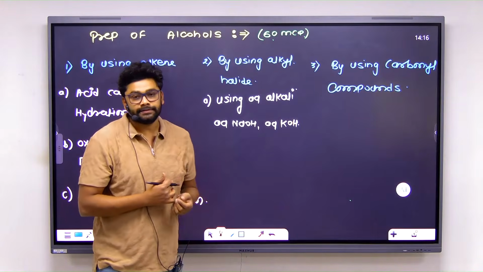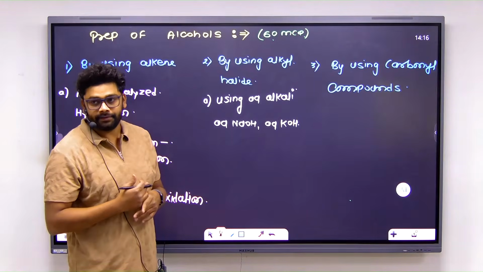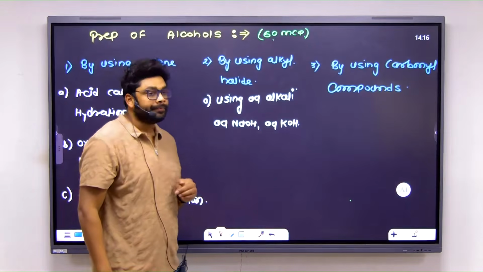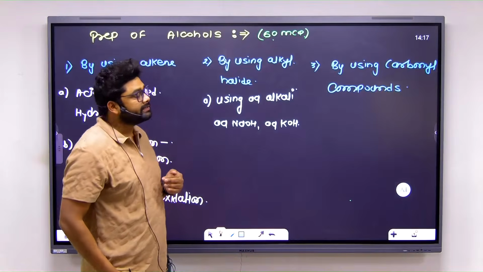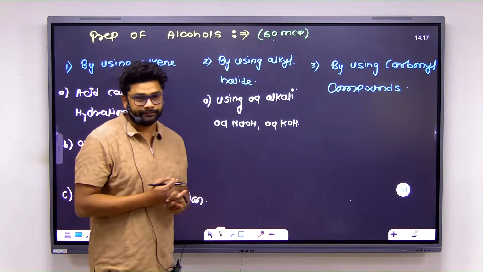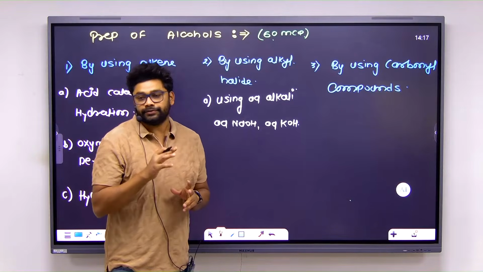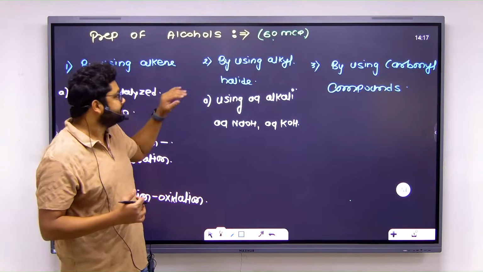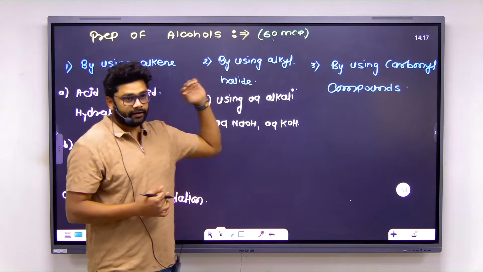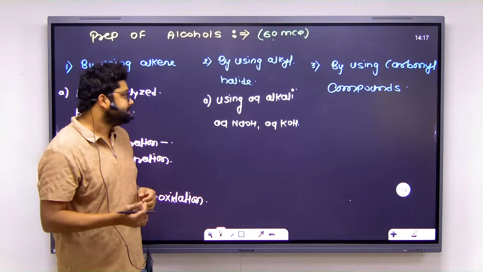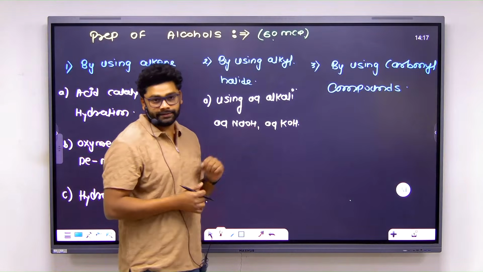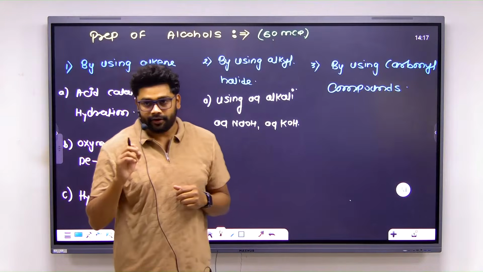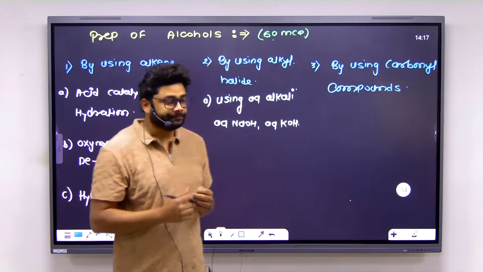And after understanding a number of examples and questions based on both the categories, we moved towards alcohols, phenols and ethers. And right here the same process we are going to revise: preparation of alcohol by using water, alkyl halide, in which halogen is just replaced by what? OH, and your alkyl halide is now converted into alkanol, that is alcohols.